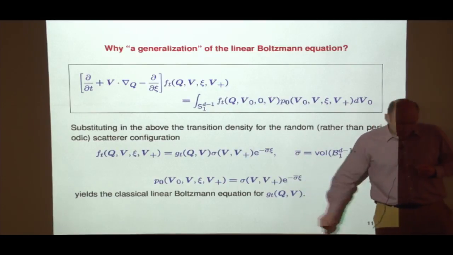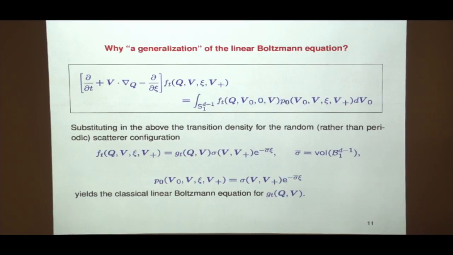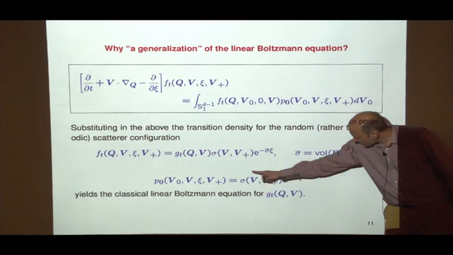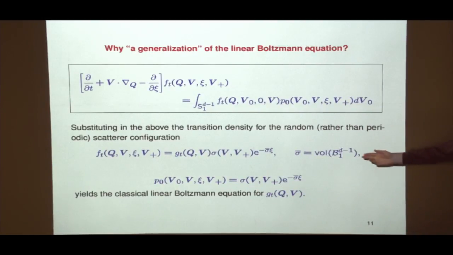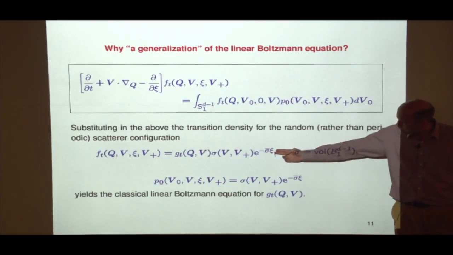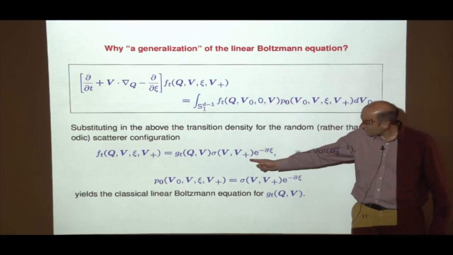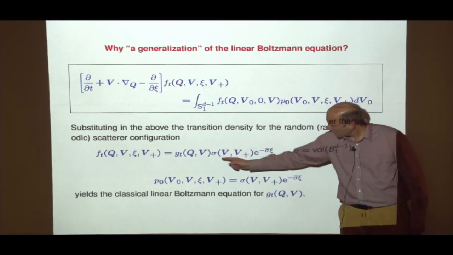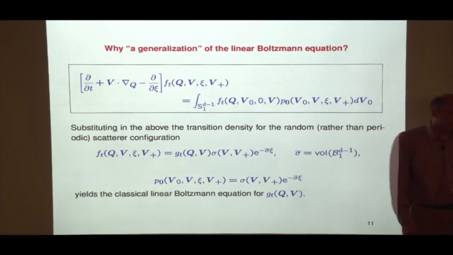And it will be independent of anything else. So you can write down this transition kernel. I mentioned that the velocity distribution is given by the differential cross-section, so you throw this in. And then if you make this ansatz here, in this equation, you recover the linear Boltzmann equation for g_t.